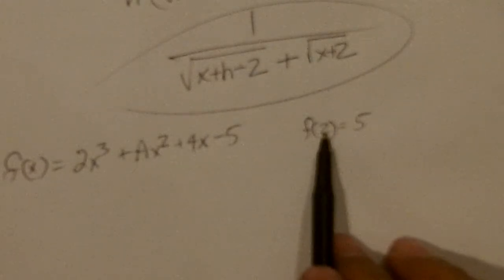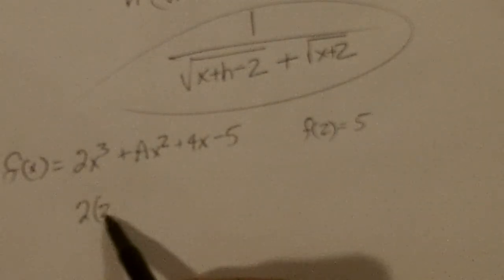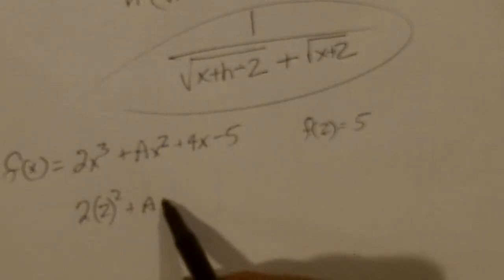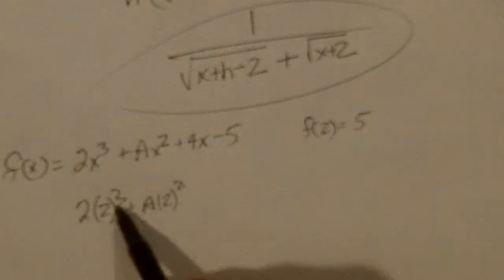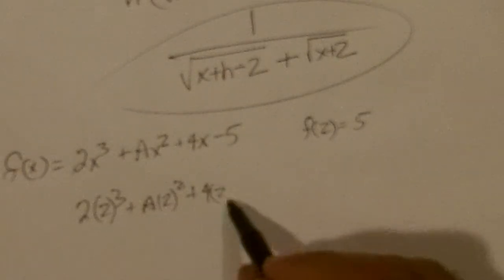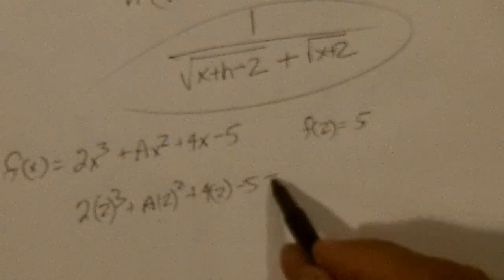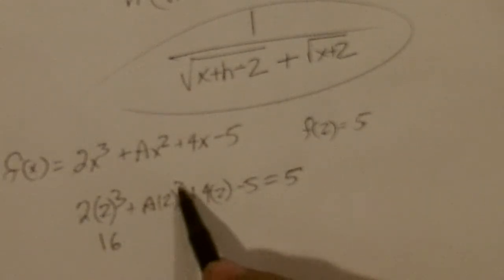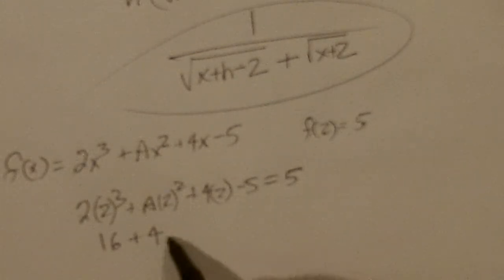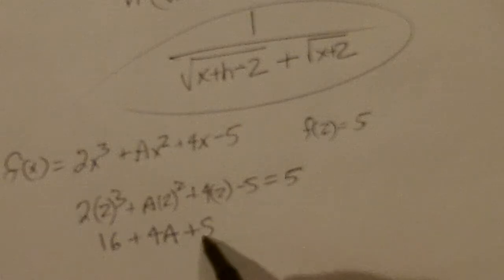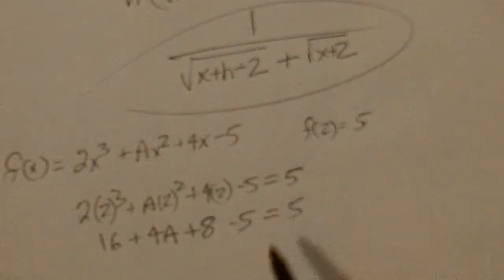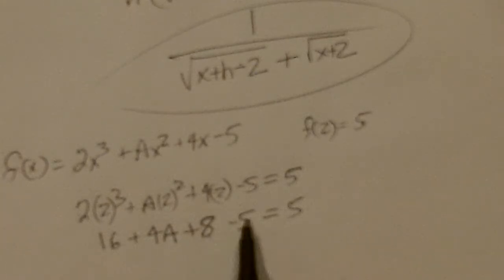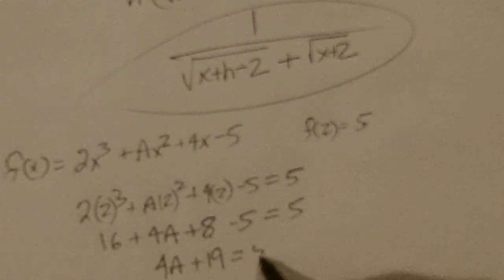So it says if I make x's be 2, 2 times 2 cubed plus a times 2 squared plus 4 times 2 minus 5, I'm supposed to get 5. 2 cubed is 8 times 2, 16. 2 squared is 4, so plus 4a plus 8 minus 5 is supposed to equal 5. 16 plus 8 is 24, minus 5 is 19, so I got 4a plus 19 equals 5.